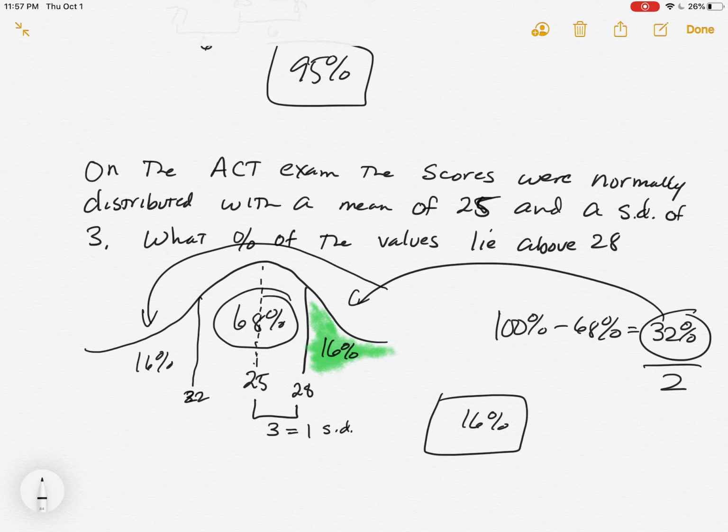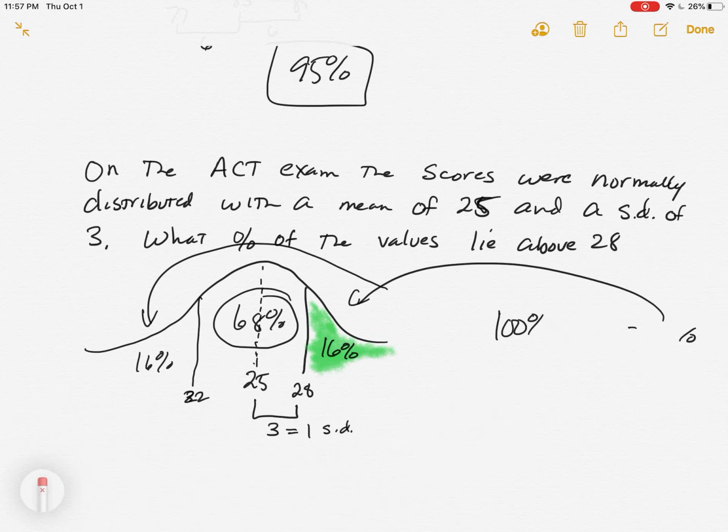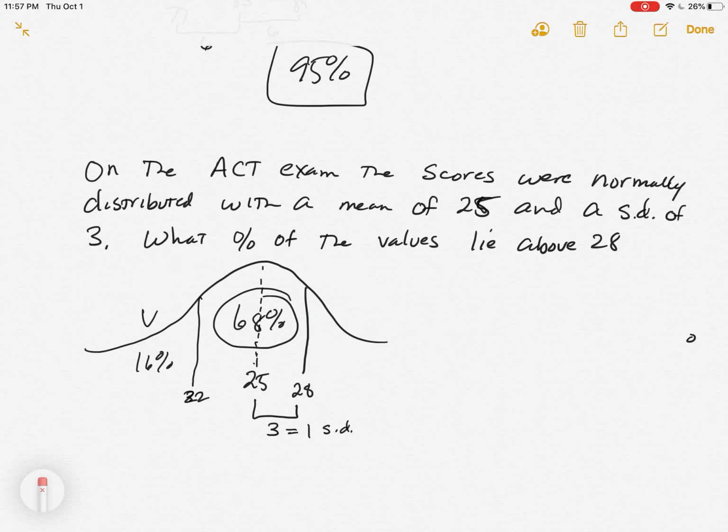Here's the other 16%. Now they were asking about this 16%. So what would change in this problem? This is kind of why I like my iPad. Let's just get rid of all of this for a minute. Get rid of these pictures here. And then change some things.